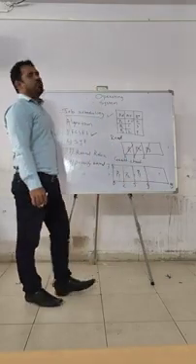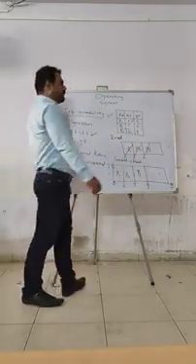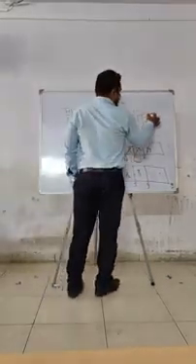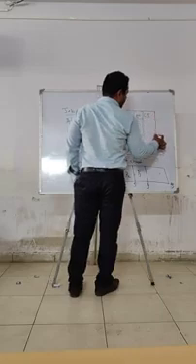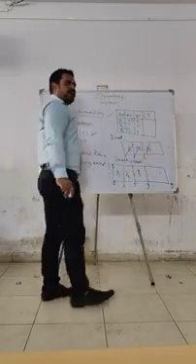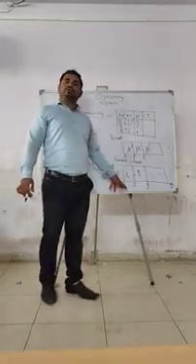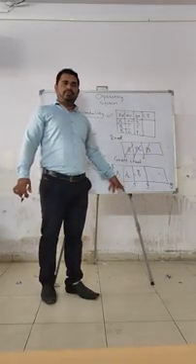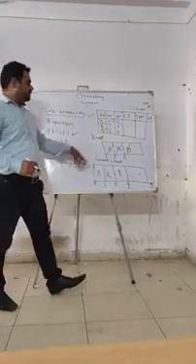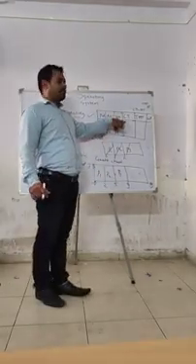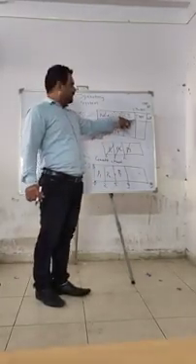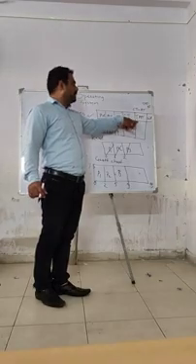Now we have to calculate three different things. First one is the completion time. Completion time is the time at which a process gets executed completely. Right? First we calculate the completion time. After that we will calculate the turnaround time.